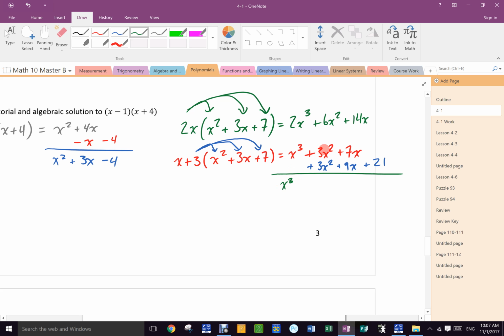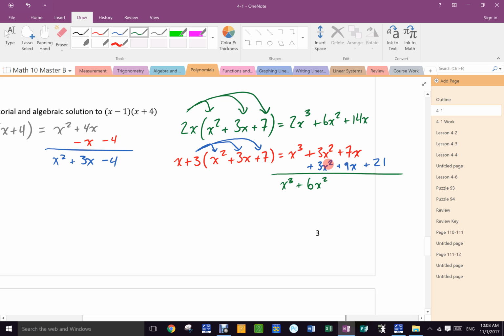X cubed, 3x squareds and 3 more x squareds is what? I'm adding them up. I've got 3x squareds, then I got 3 more x squareds. How many x squareds do I have? 6 x squareds.